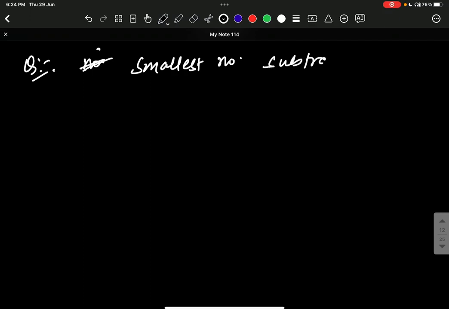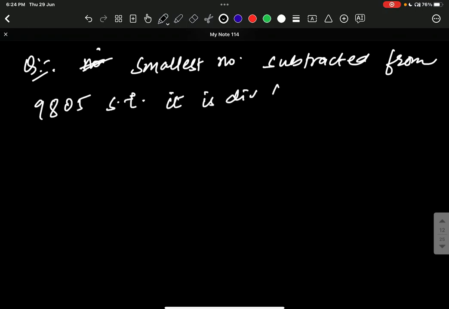All right, next question. इसी तरह का एक क्वेश्चन देख लेते हैं ताकि आपको पता होना चाहिए. The smallest number to be subtracted from 9805 such that it is divisible by 8.